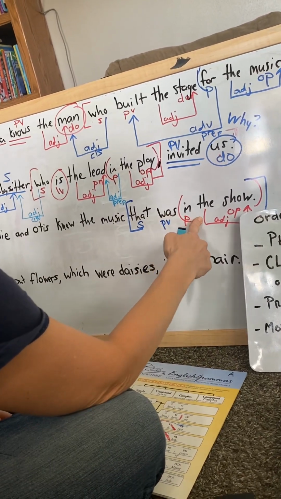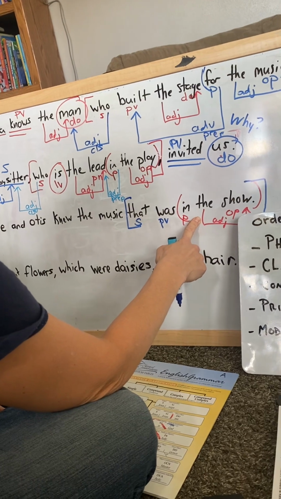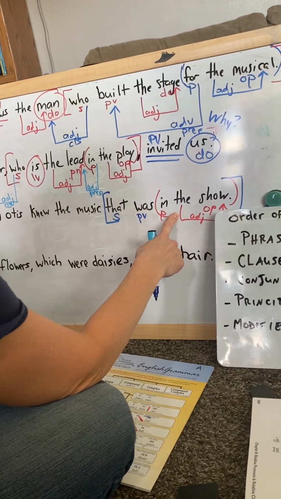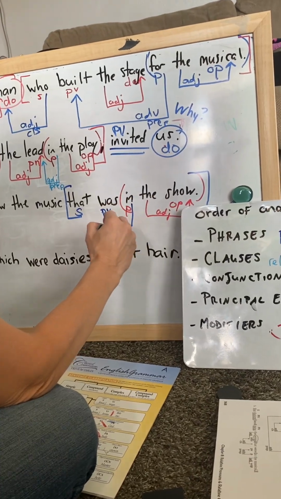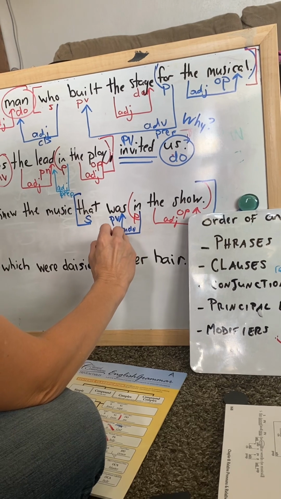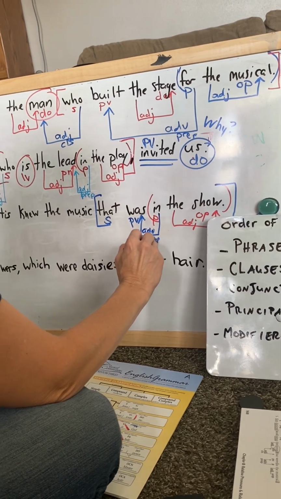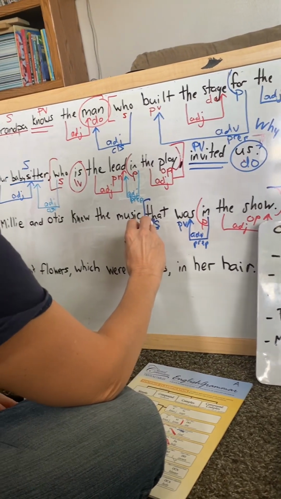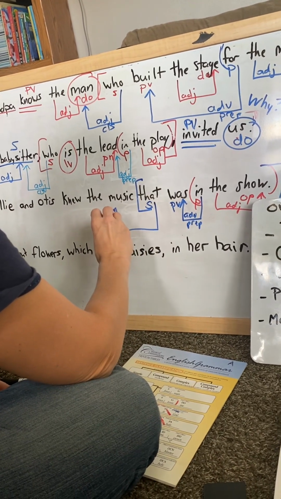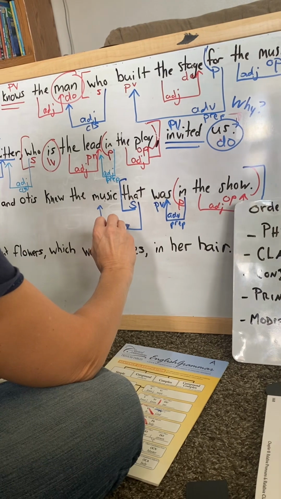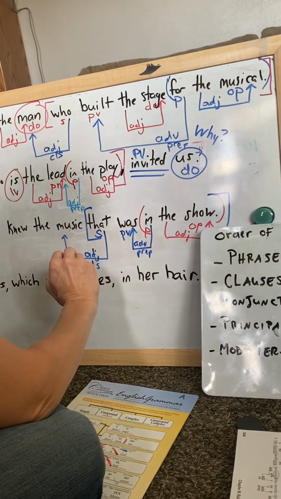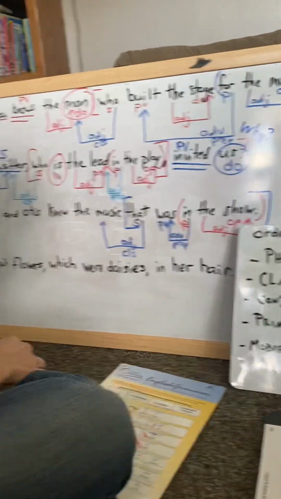So in the show is telling us more about the music, how it was. Was adverbial prepositional phrase, okay? That was in the show is telling us more about which music? The music that was in the show. Adjectival clause.